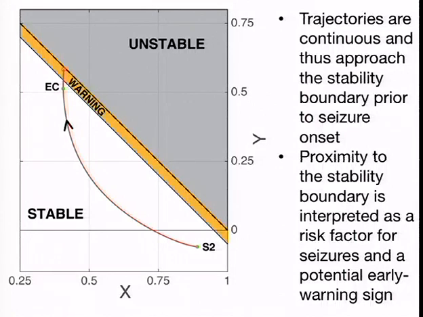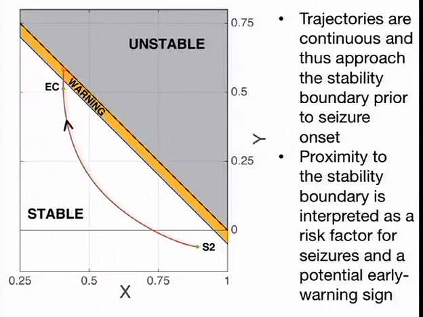So when we enter this unstable zone, we must have spent some time on the other side, quite close to it. So what we would do is we interpret the proximity to the stability boundary in the model as a risk factor for seizures and potentially an early warning sign, because loss of the steady state could be achieved by a transient excursion from stability.